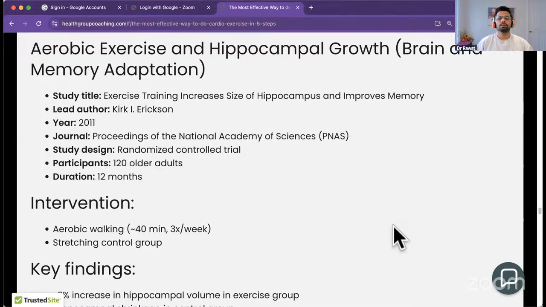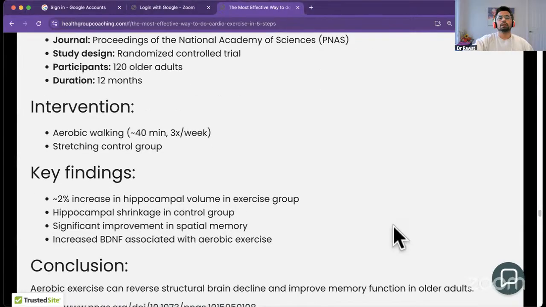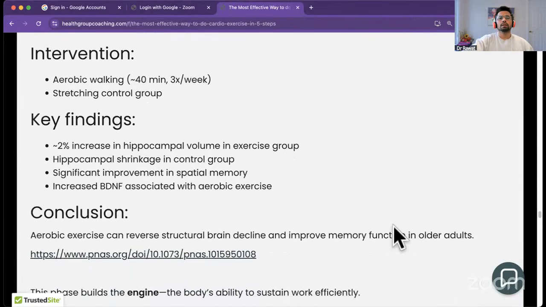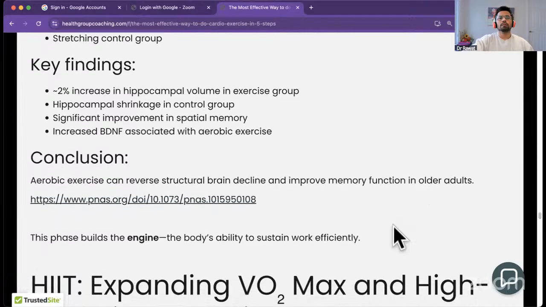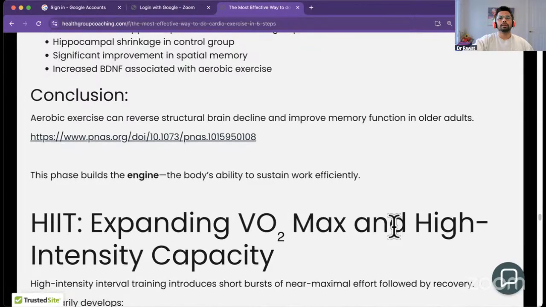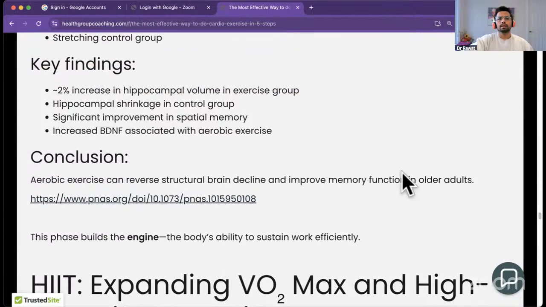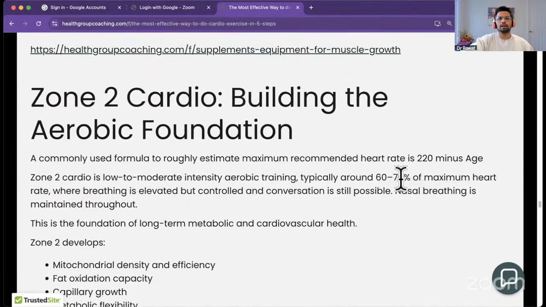No hate to people who do stretching, but compared to brisk walking, there was a 2% shrinkage in the stretching group, but improvement in the walking group. There was improvement in memory as well in the walking group. So this study concluded that structural brain decline and memory can be slowed down by doing more exercise, particularly aerobic exercise. So that is the thing about steady state cardio.